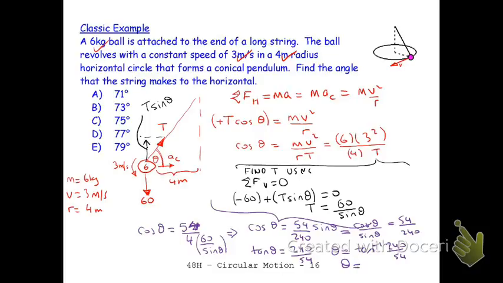So theta is equal to, second tangent, make sure you're in degrees, 240 divided by good old 54. That's going to be 77.32, 77 degrees.